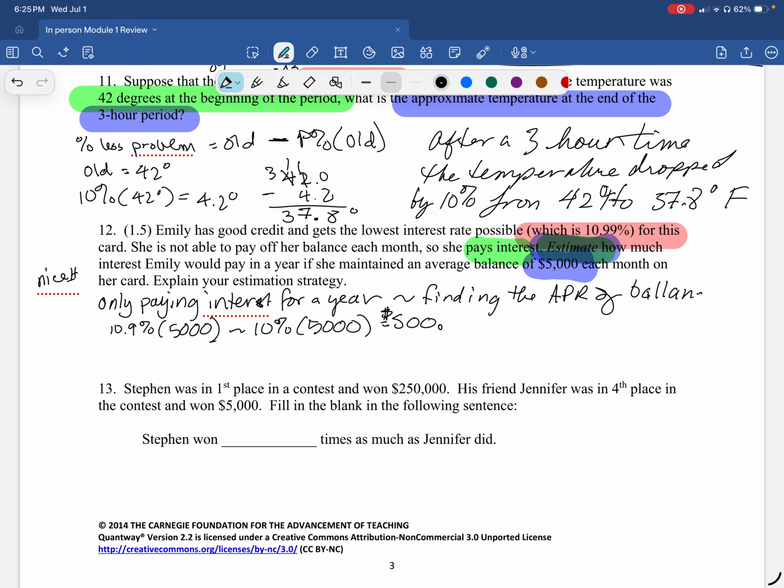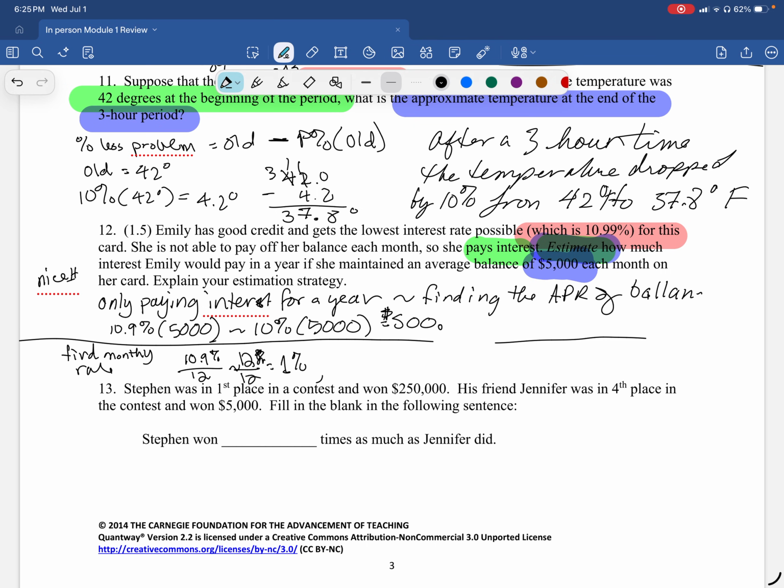So another way you could go about it, and this gives you a higher estimate, is to find monthly. So 10.9% divided by 12 is about 12 divided by 12, so we get 1%.